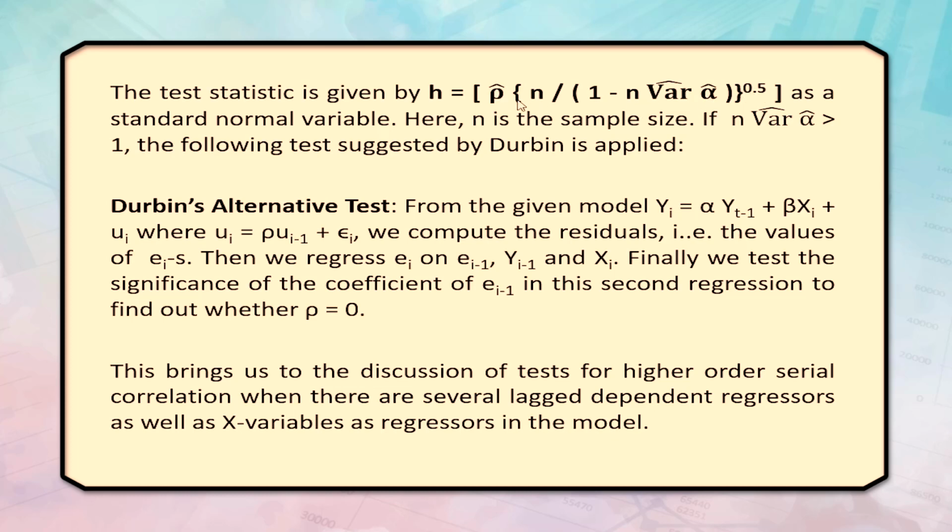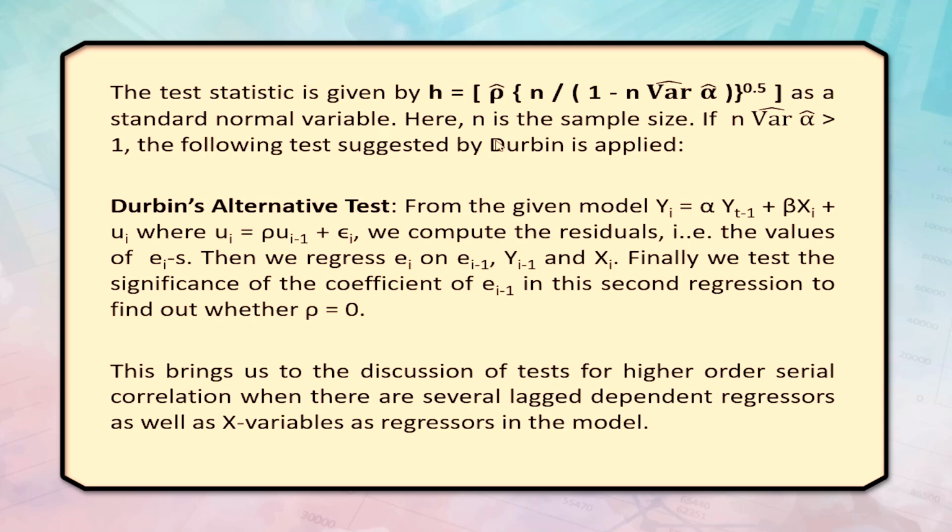So, this is rho hat times the square root of n divided by 1 minus n times the estimated variance of alpha hat, and h tends to a normal distribution with mean 0 and standard deviation 1. So, that tends to be a standard normal variate.